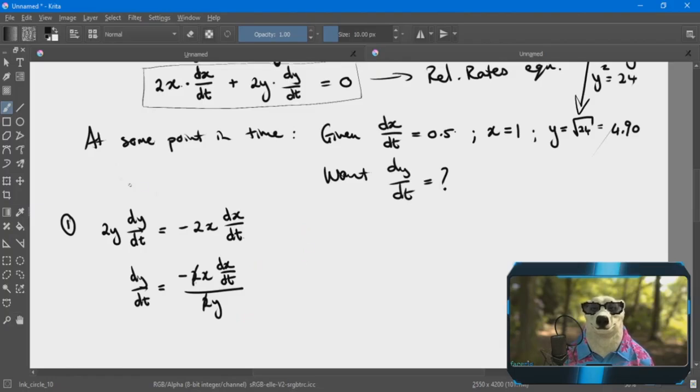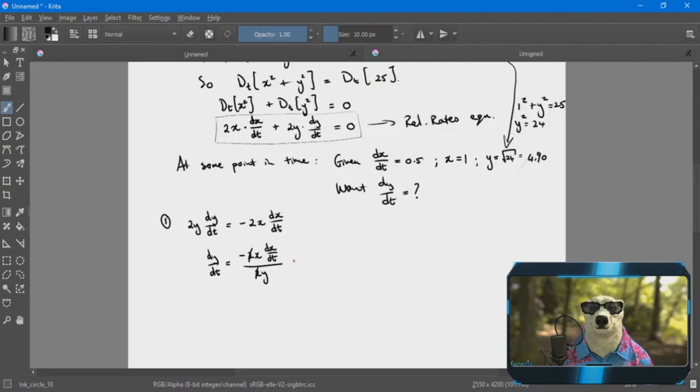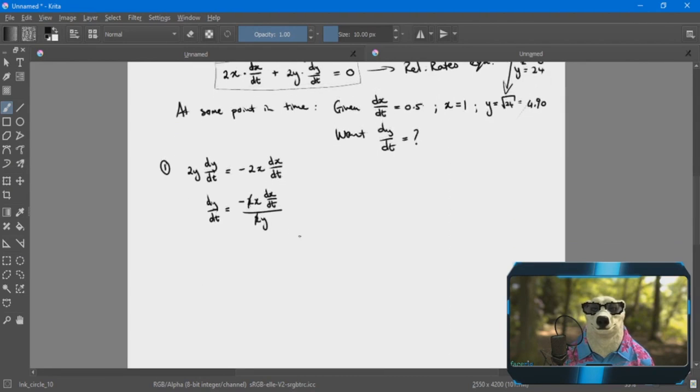Then, for my specific point in time, I'm going to zoom out. For my specific point in time, I can then plug in the specific numbers. I have my negative, my x is 1, my dx/dt is 0.5, over y, which is root 24, and I'll get an answer.